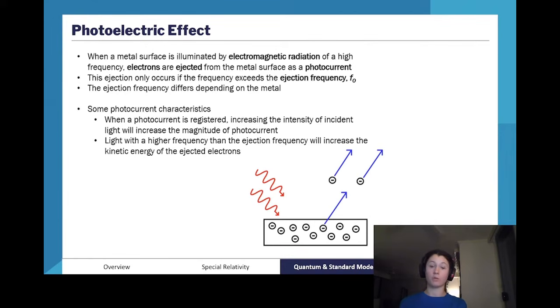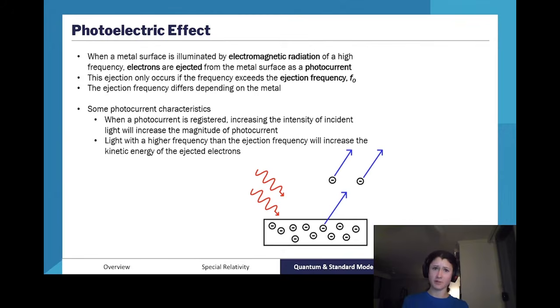And then when we increase the frequency of the light after the ejection frequency, so once we've already got the electrons being ejected, if we still increase the frequency after that, that will increase the kinetic energy of the ejected electrons. Alright? So, increasing the intensity increases how many electrons there are.